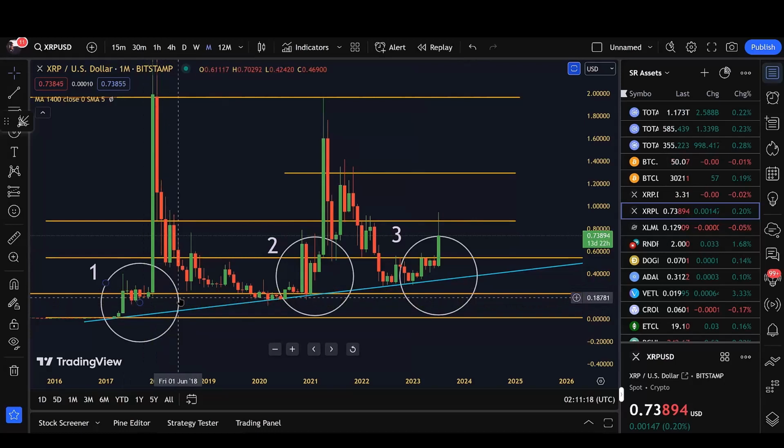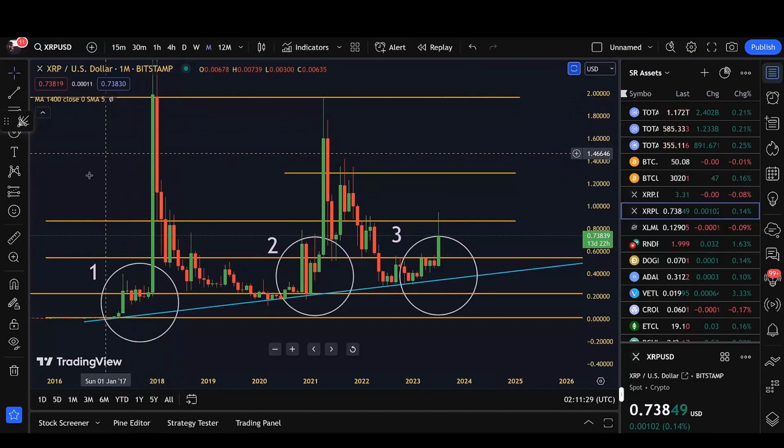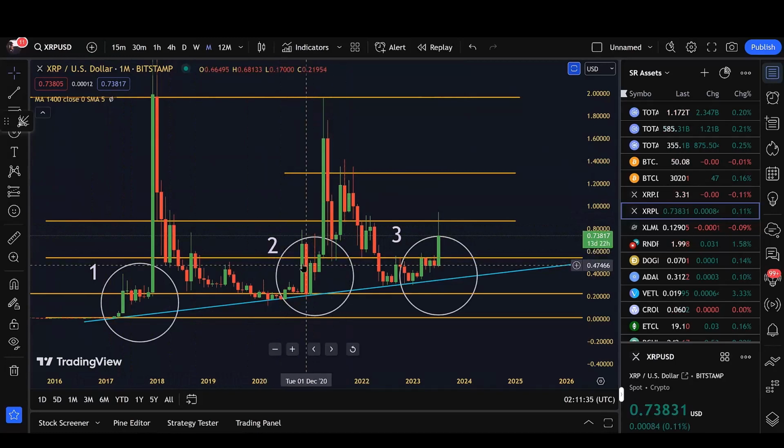We spent 6 months consolidating, and then we shot up. We really rocketed. I think XRP went up like 33,000%, something like that. Came back down, and even as it came back down through the COVID drama, we wicked below the blue line, but we came back and we lived above it.